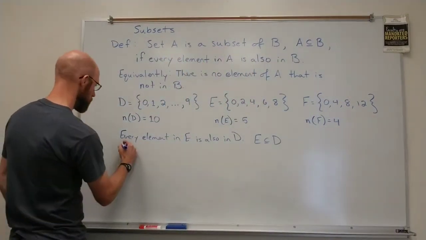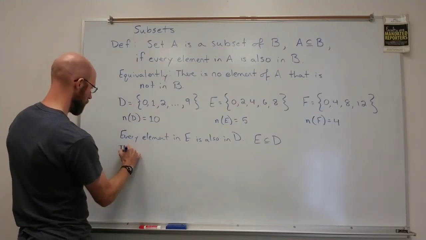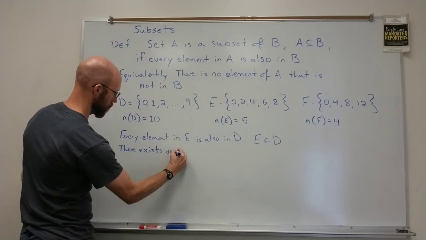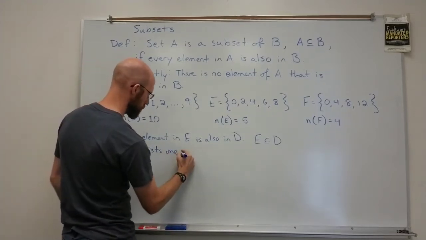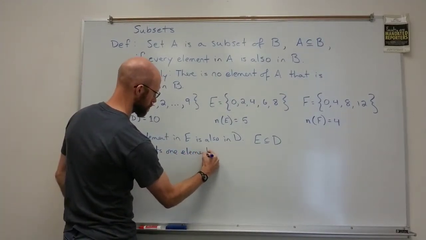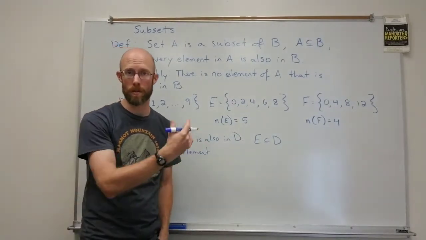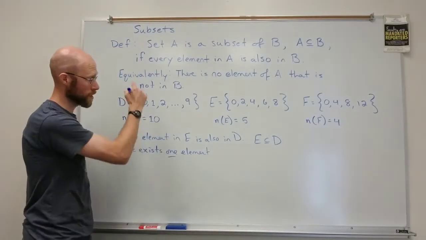So I would say there exists one element, and it doesn't matter how many there are, as long as there's at least one. If there were more than that, it would still violate the definition.